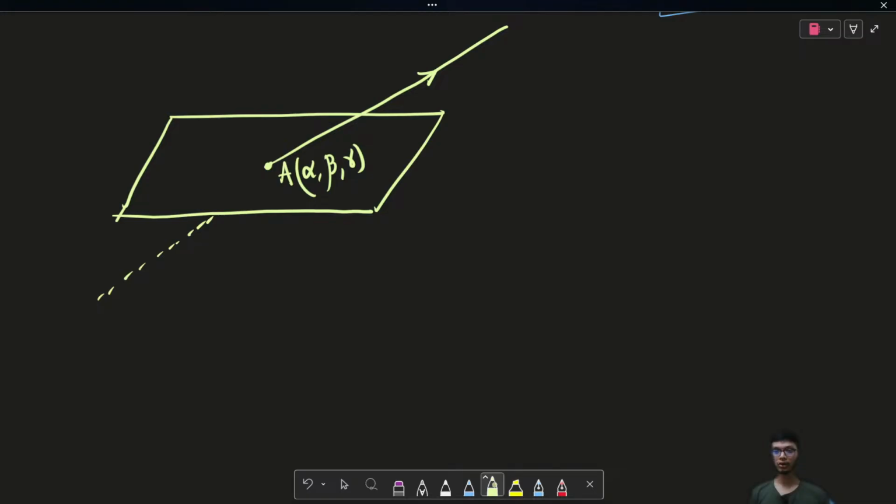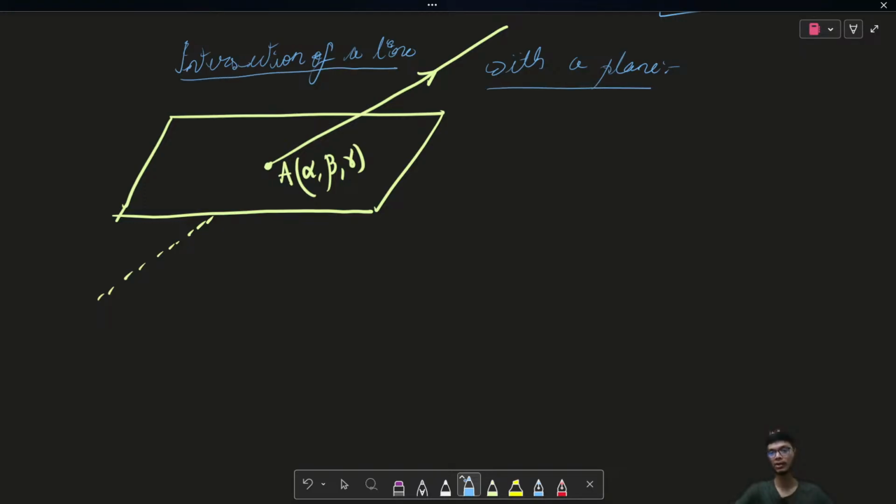All right, let's come back. We were looking at the intersection point. We are trying to find the intersection of a line with a plane. Let us try to understand how we find the intersection of a line and a plane.